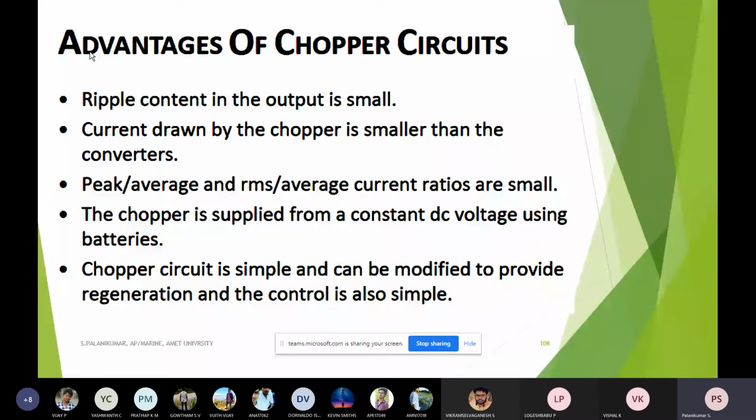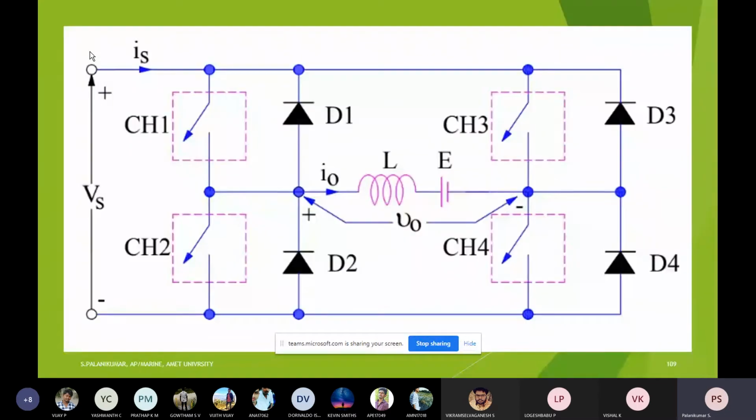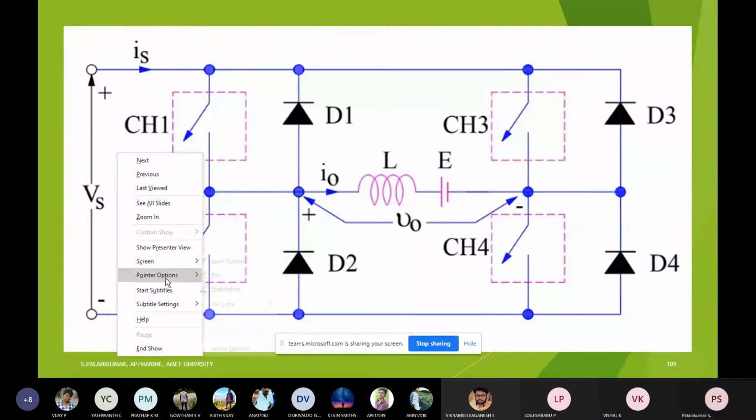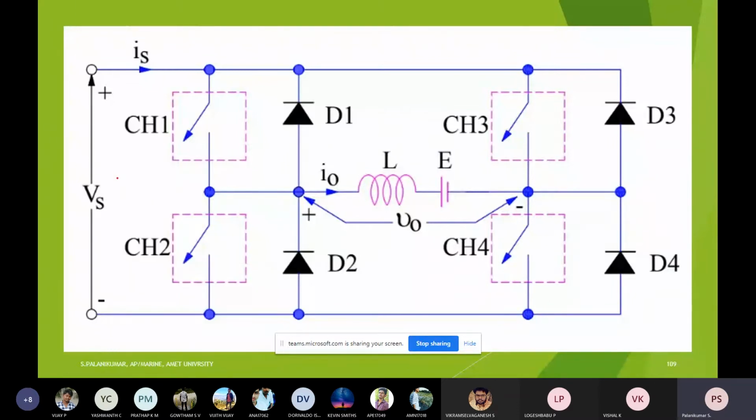Next, as we have discussed earlier, we are going to see the class E chopper. This is the circuit configuration of the class E chopper. This is the source voltage. I have chopper 1, chopper 2, chopper 3, chopper 4.